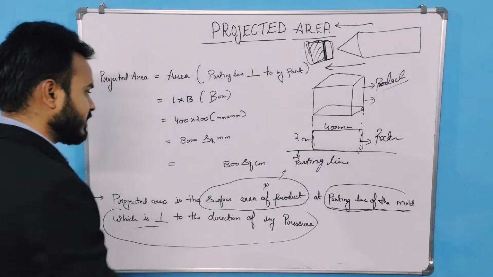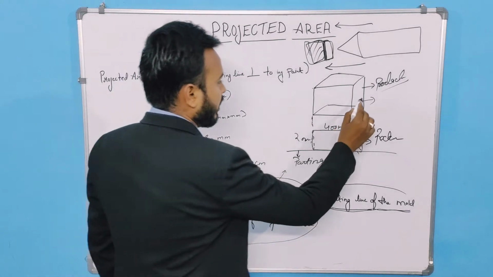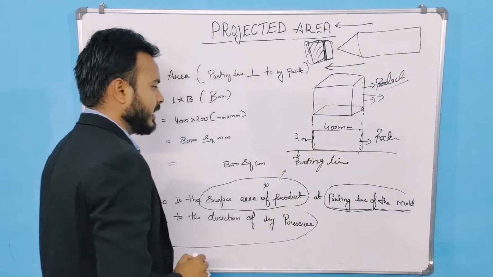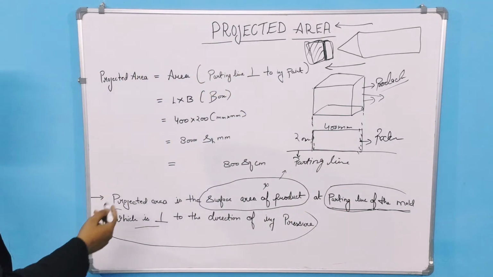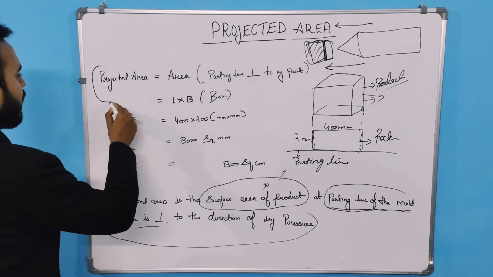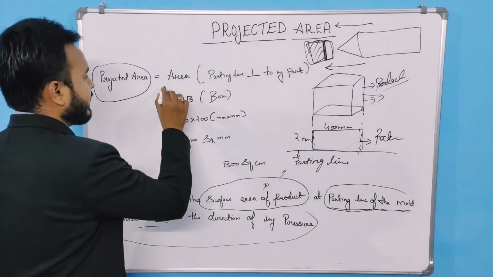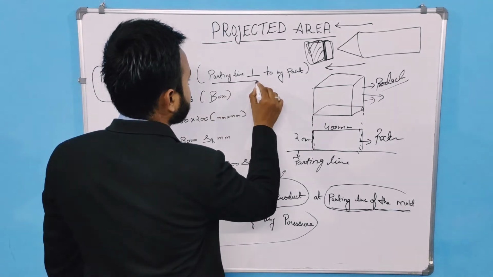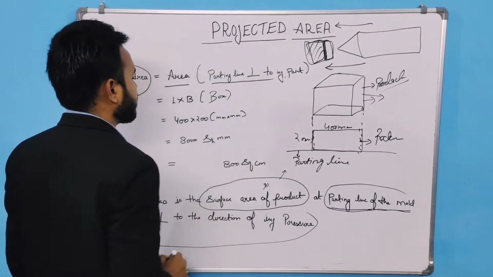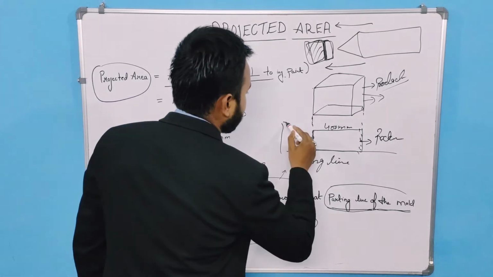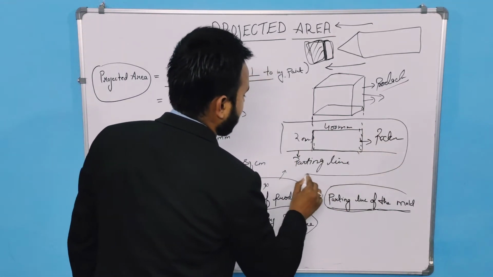For example, I have shown you a cuboid product which is projected in the form of a rectangle. Now I'm going to show you how to calculate the projected area. The projected area is the area perpendicular to the injection direction. Which area do I have to calculate? The area that I have got from this particular parting line.